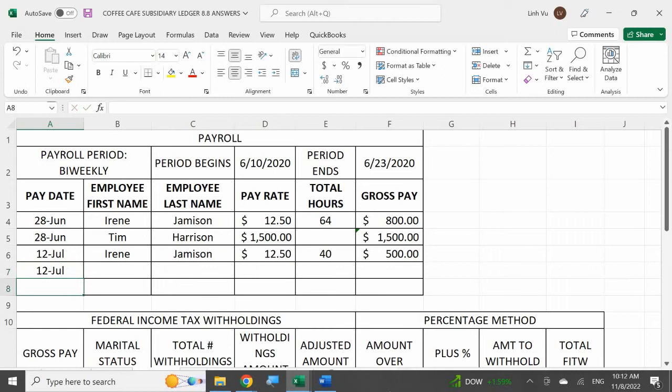So in this case, Mr. Tim Harrison, if he earns $1,500, that means when we accrue for him, we need to accrue half the paycheck.